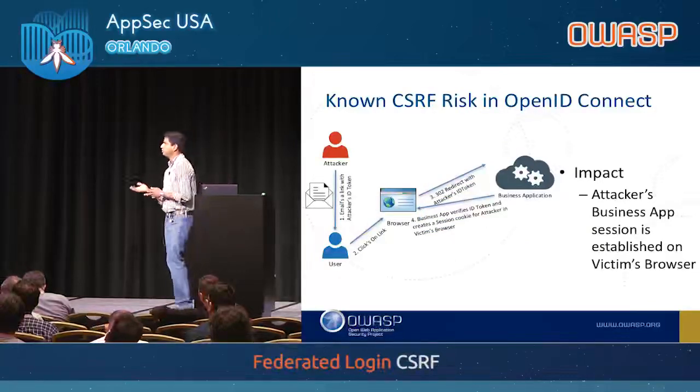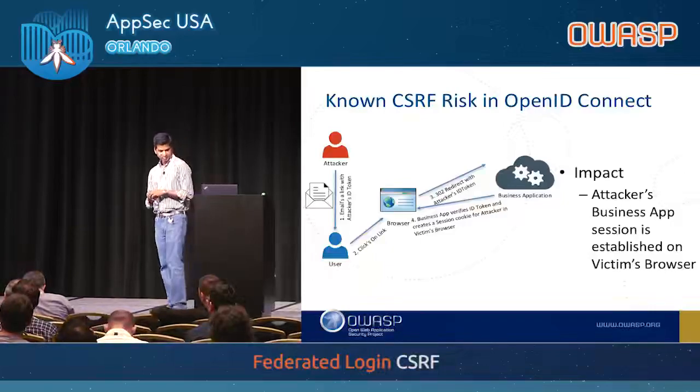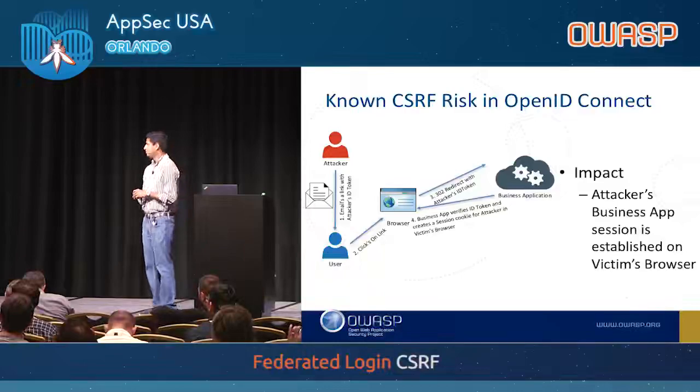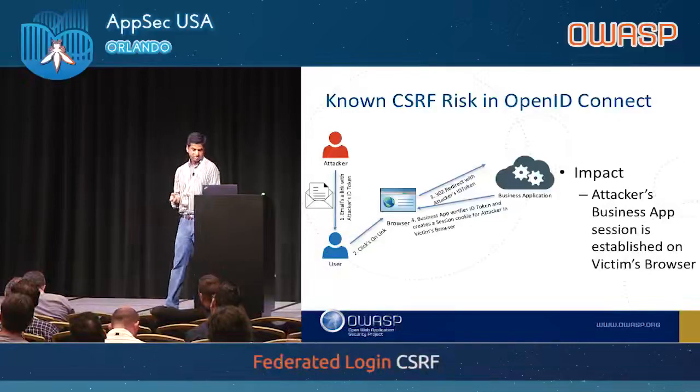What can they do with this thing? It is very similar to the earlier scenario, where you would lure the victim to an attacker's email or just a website, which would embed the attacker's ID token within it.